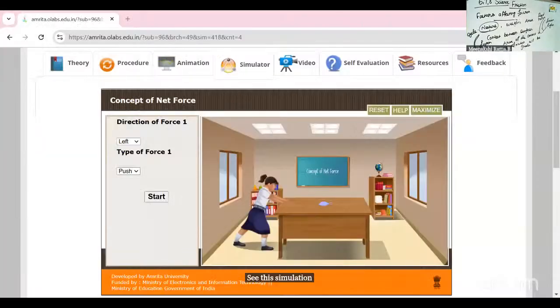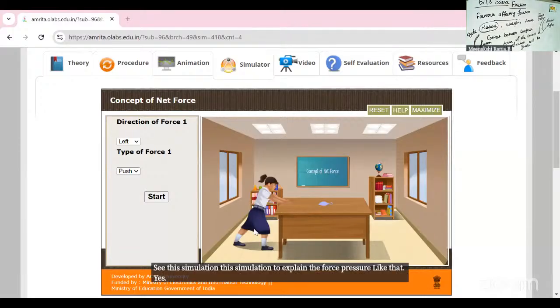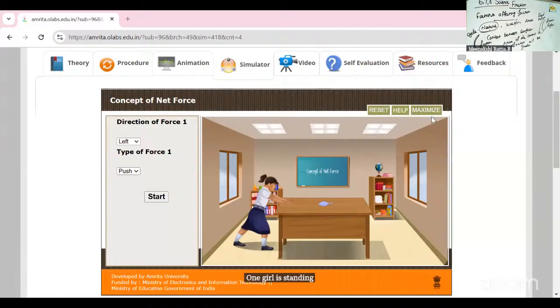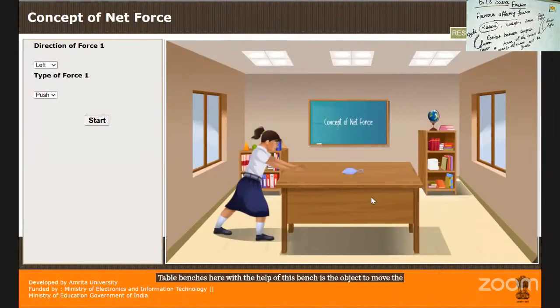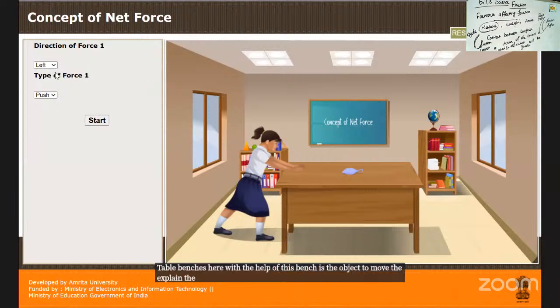See the simulation. This simulation explains force, pressure, like that. Yes, one girl is standing here, and a bench is here. With the help of this bench, the object is moved to explain the concept of net force.